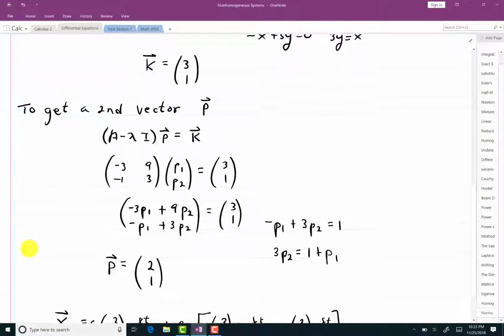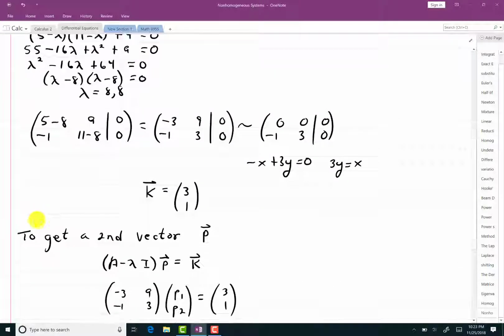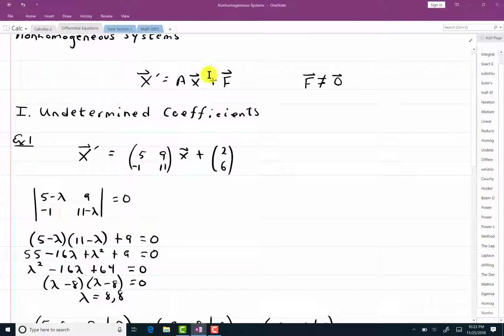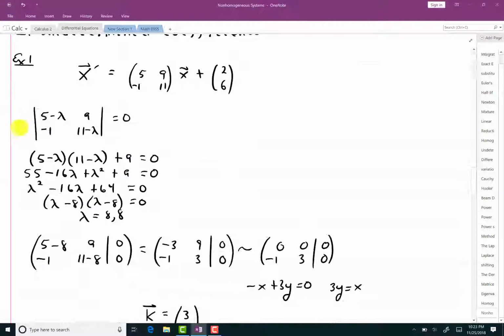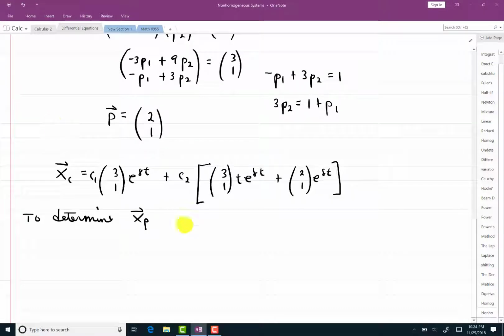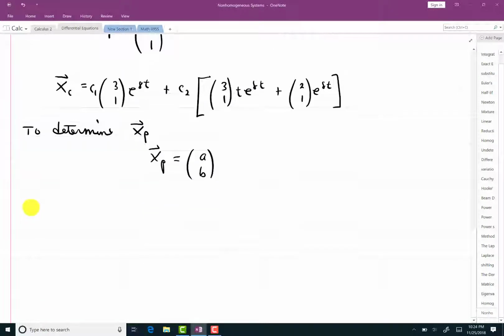The answer format, or if you will, the f portion, here, the part that comes after the plus, is 2, 6. Since I'm going to just get constants, I'm going to allow xp as a guess to just equal a constant vector. Plug it in and see what happens.